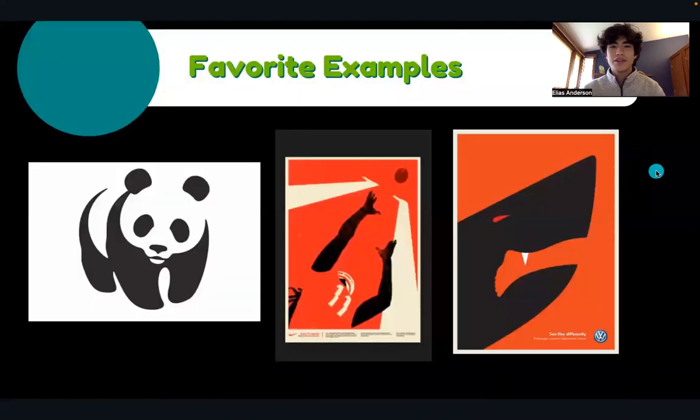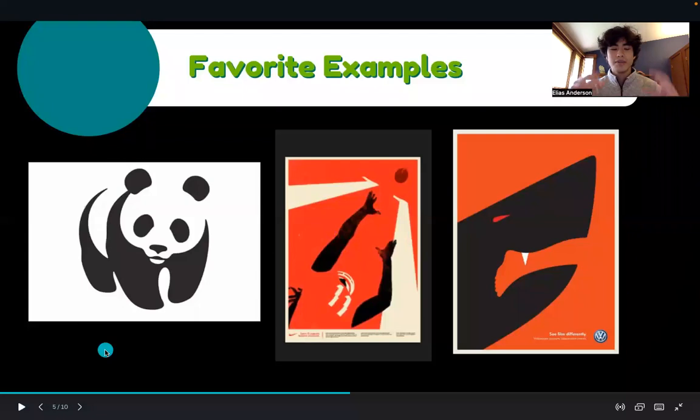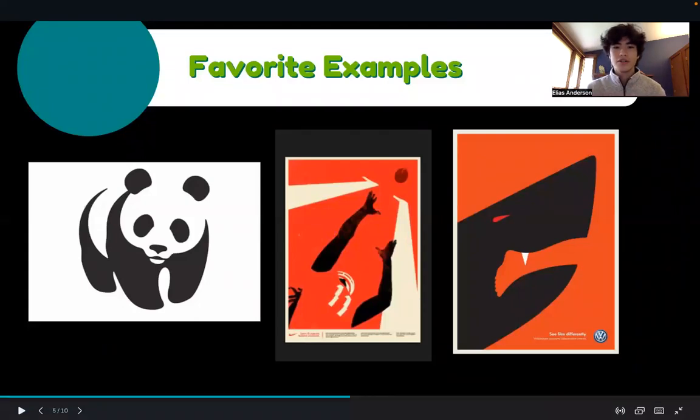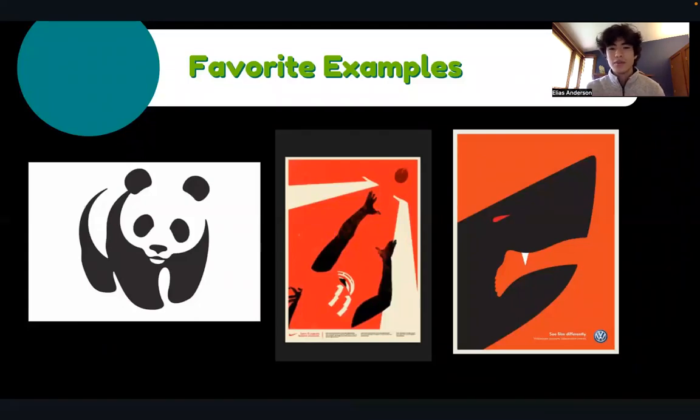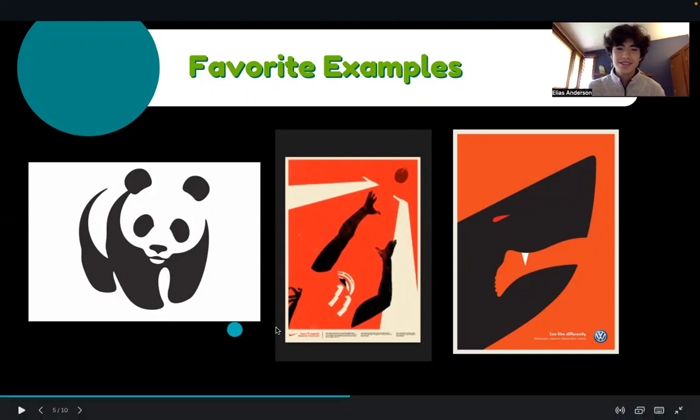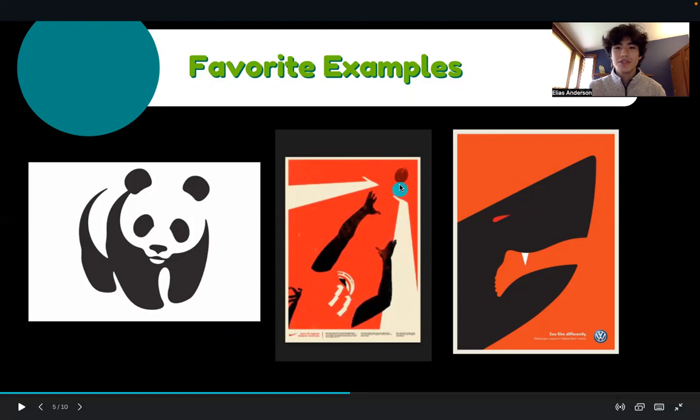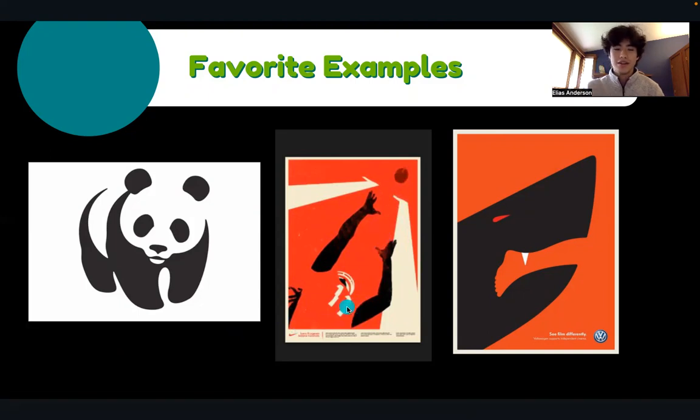These are some of my favorite examples of closure. First off, we have this classic example of the WWF logo, which is a panda. You can see that because our mind closes off these sections and puts it all together in order to see the full picture of a panda. Next, we have a little bit more complicated example of closure, which is a Nike ad, which is a football player. If you look, you can see it's all one red blotch.